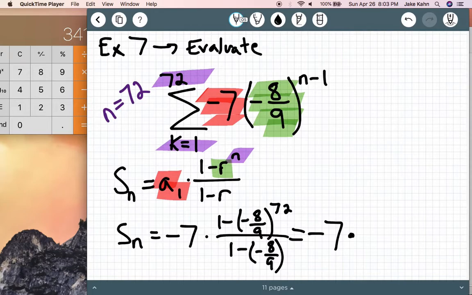First, I'm going to do what is on top: 1 minus negative 8/9 to the 72 power. Please make sure that you utilize those parentheses. I get a super long fraction here. I'm going to divide that by 1 minus negative 8/9.